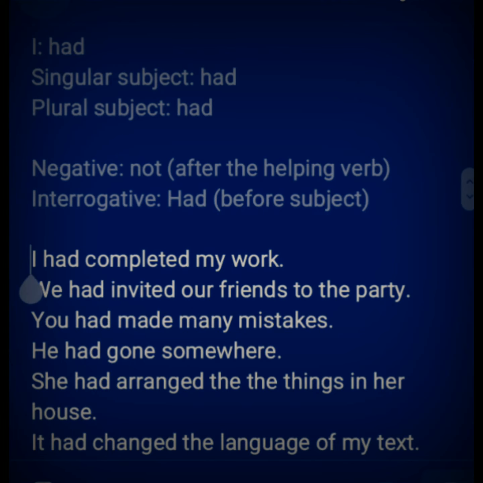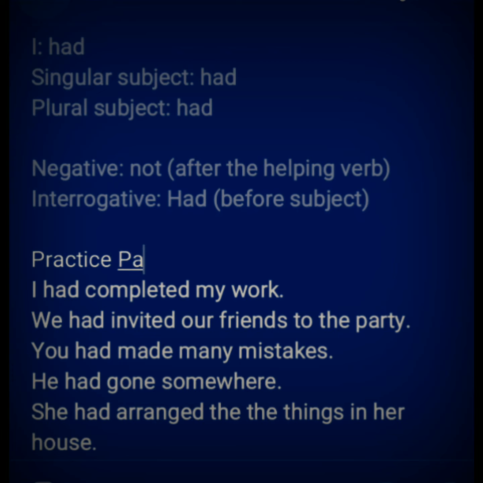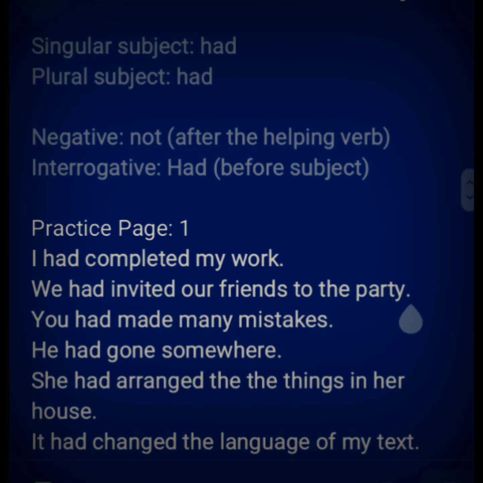Now practice page 1. Number 1. I had completed my work. We had invited our friends to the party.